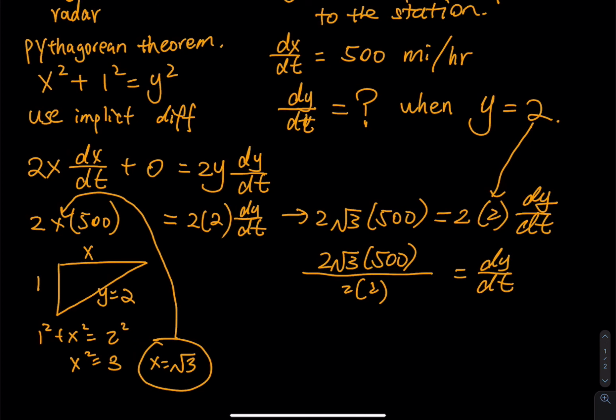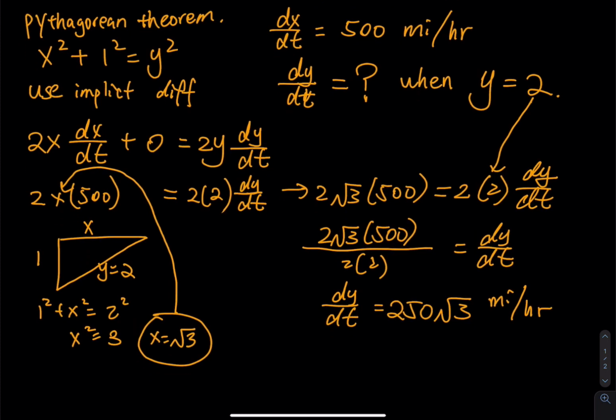What is dy/dt equal to? To get an exact value, that is 250 root 3 miles per hour. If you want an approximation, 250 times the square root of 3 is around 433 miles per hour.